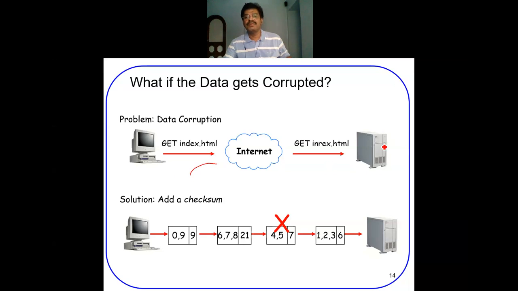If it's a web server type of configuration, the client knows that it will get the information in the form of index.html. But if the data gets corrupted, then no response is sent from the destination end towards the source end. That's one example of data being corrupted in the communication medium.